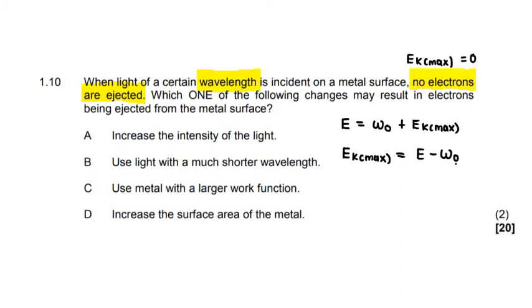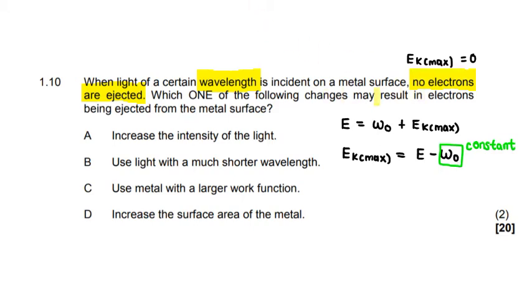Now remember that the work function is a constant. It's like saying it's always going to be a 2, if you want to think about it like that. Now, what do you want?